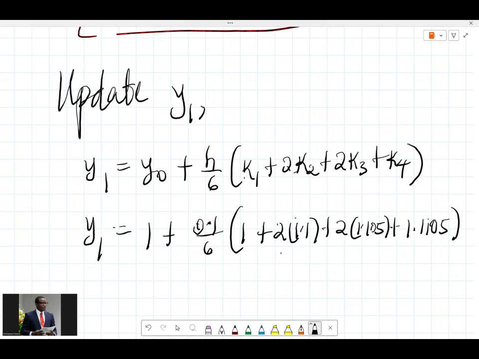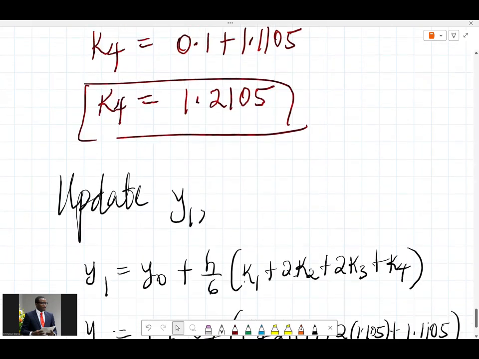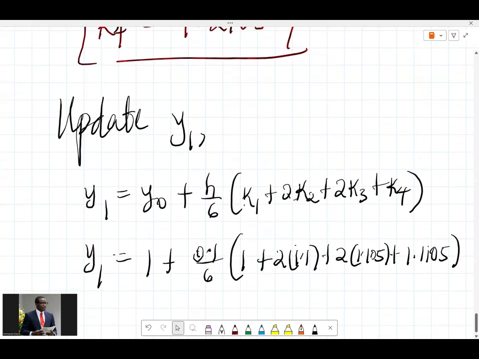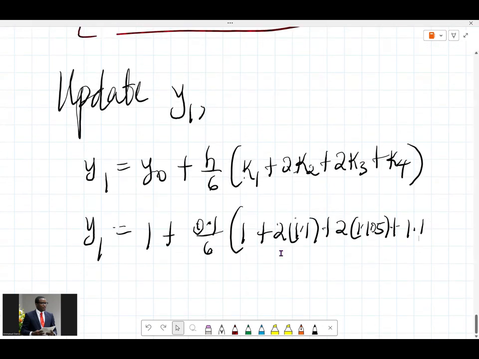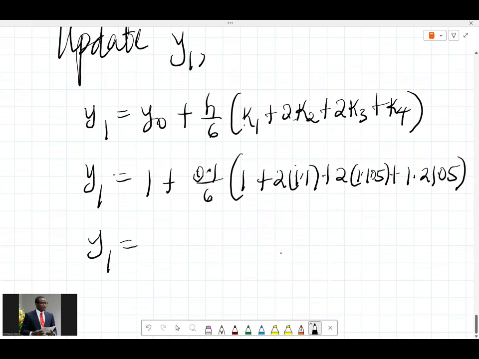K4 is 1.2105, sorry, 1.2105. So y1 now is equal to 1 plus 0.1 over 6 still into 1 plus 2.2 plus 2.210, I think.